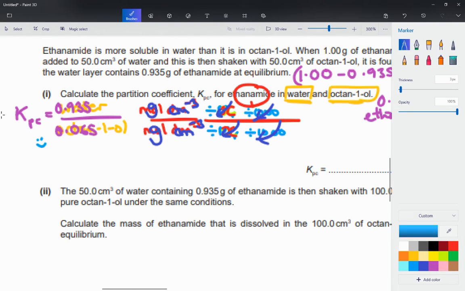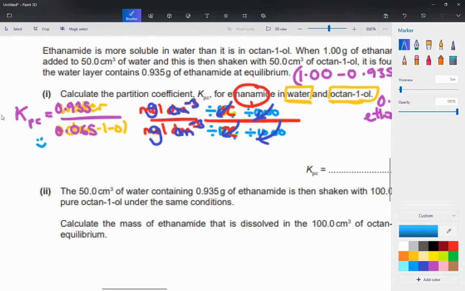And with the volumes, you've got to remember at this stage, do not combine the volumes because they are immiscible layers. They are layers that do not mix. The principle of partition of a solute between two solvents and the use of partition coefficients is within two immiscible solvents.